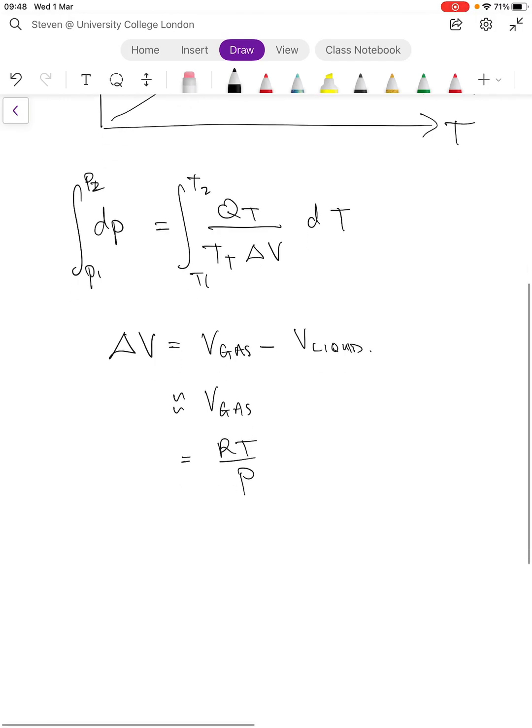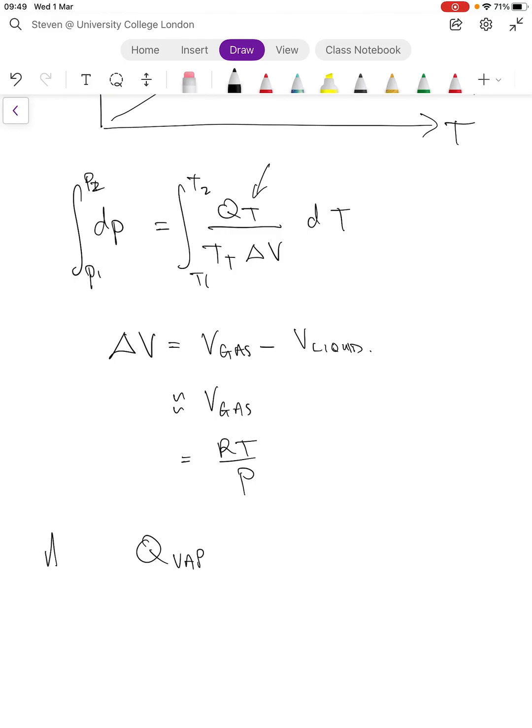And then we are going to assume that the latent heat of vaporization... because up here I've got Q, which is the latent heat of some transformation, but for the Clausius-Clapeyron equation we're talking specifically about the liquid to gas transformation. And so we have the latent heat of vaporization, and we're saying that this doesn't vary with temperature, right?